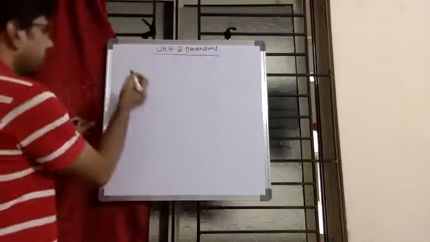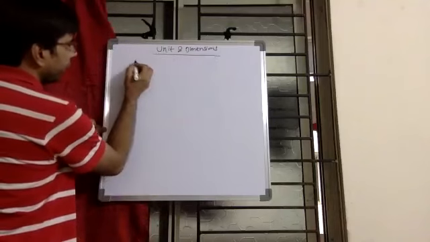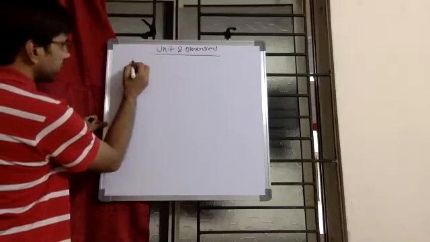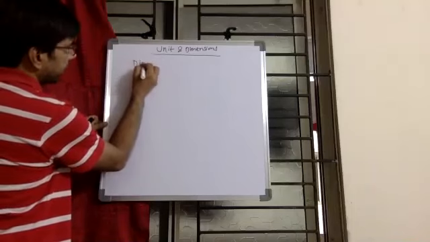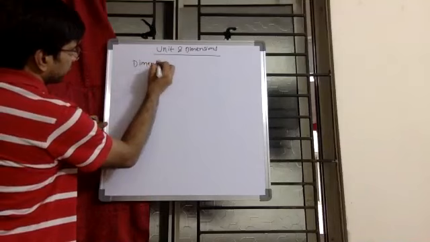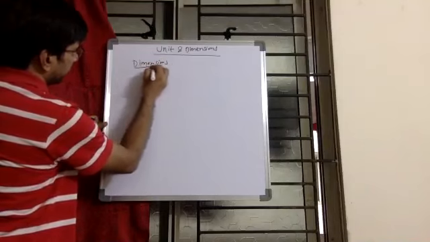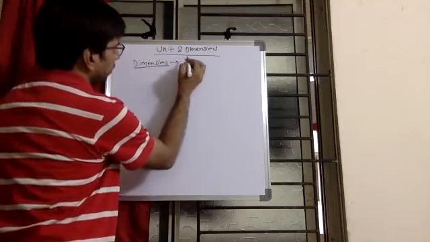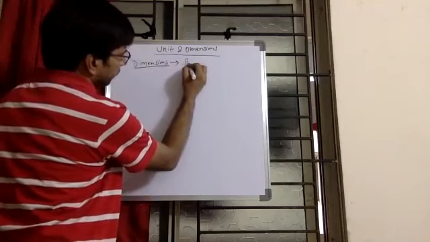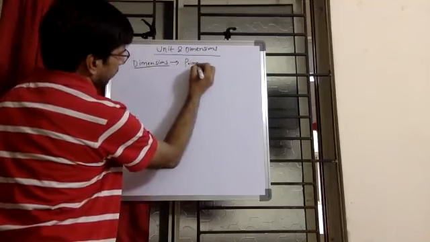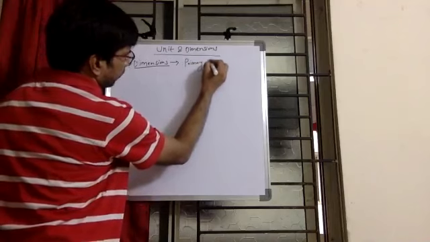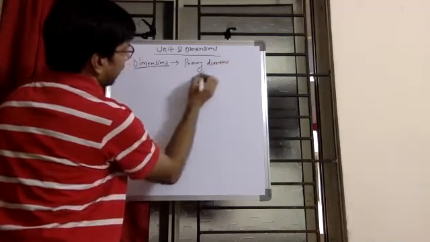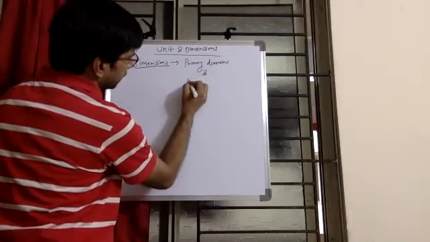So basically, we know about the units, and I will explain about the dimensions. So as I said, for dimensions, we read about primary dimensions and secondary dimensions.